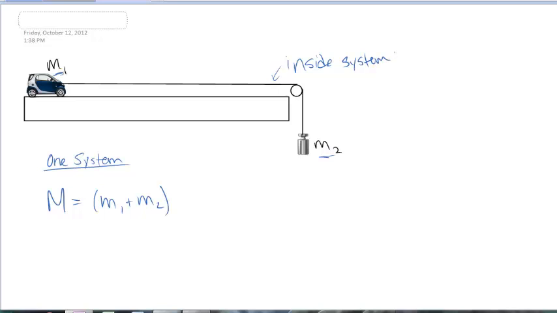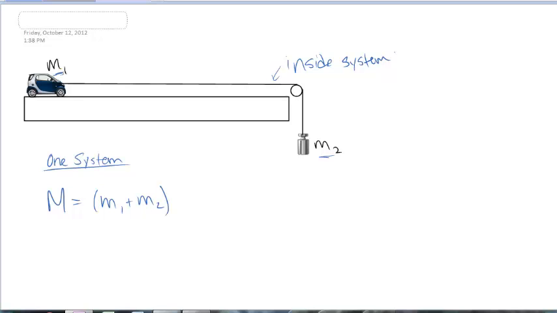The string is part of the system. Now, we're assuming it has no mass, which is a decent approximation. Strings are usually very light, particularly compared to a car and a hanging mass. We're considering that to be inside the system. So any forces that it generates, we don't take into account. Tension is not taken into account here. It's not an external force.